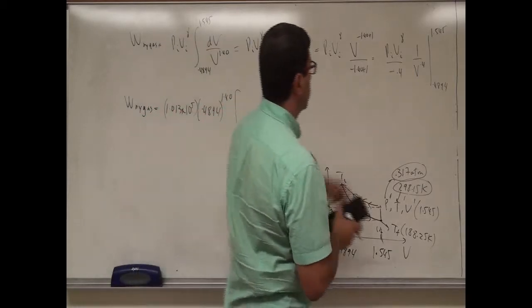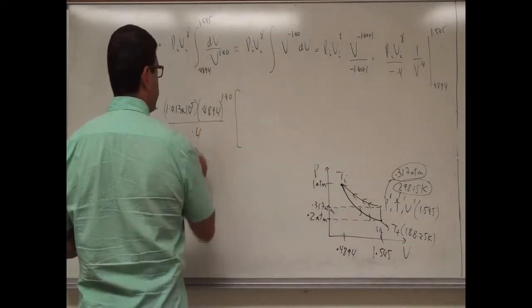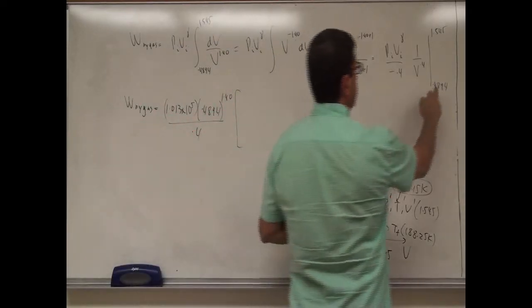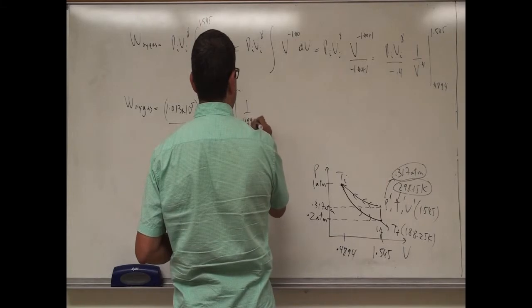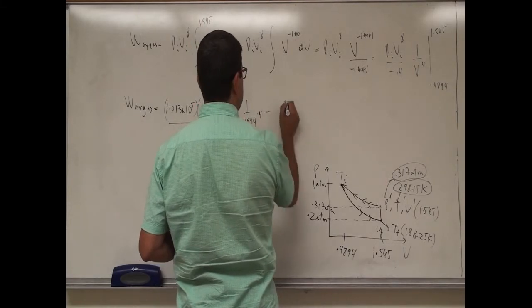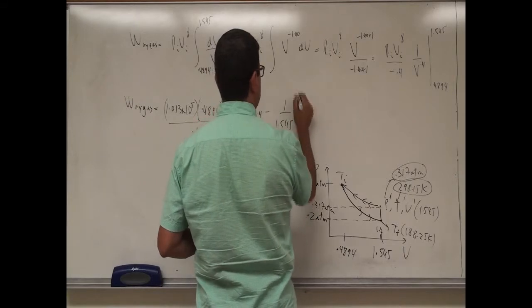And with this negative switching the integral, you have the 0.4 on the bottom. Then you can put in 1 over 0.4894 to the power 0.4 minus 1 over 1.545 to the power 0.4.